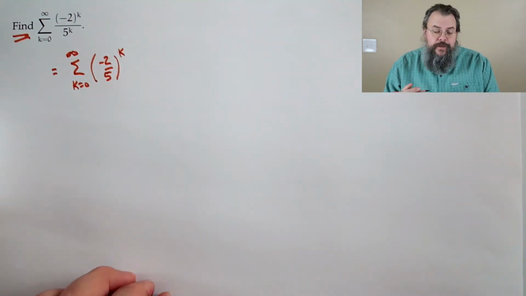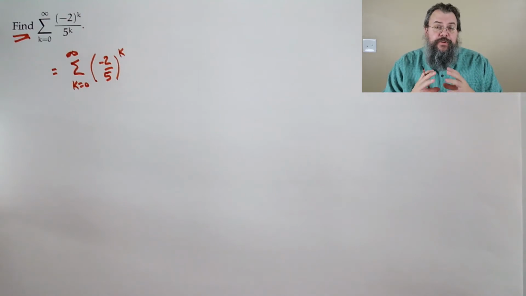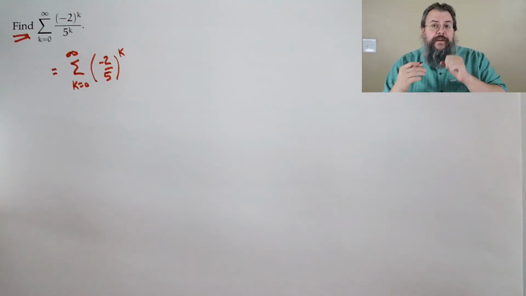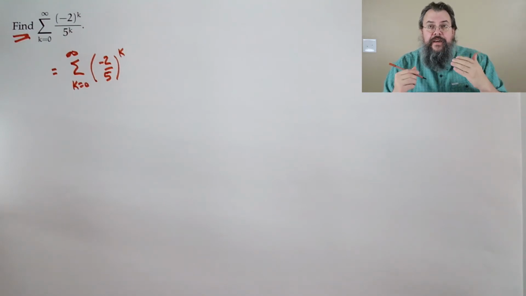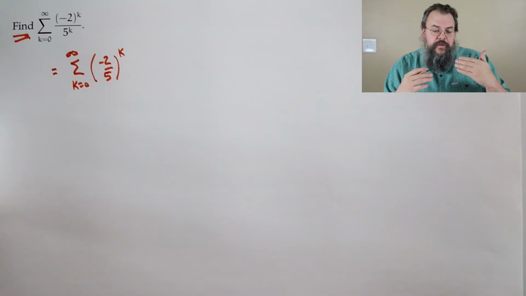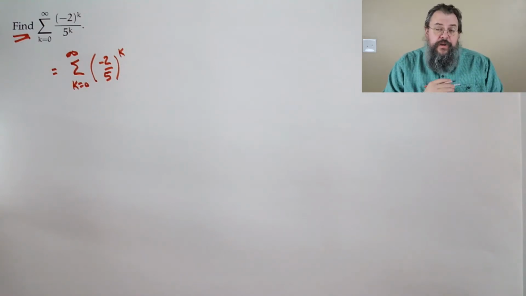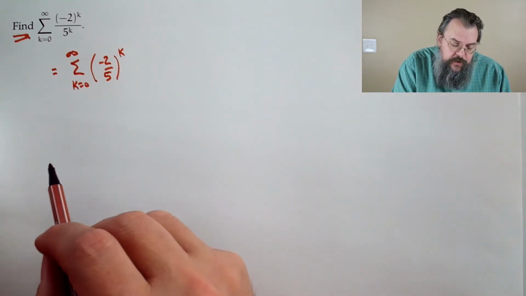Now we see it's definitely a geometric sum, because when you see a constant to the power k, where k is your index, and that's it, that just says you're multiplying at every stage by another term. Essentially, we keep multiplying by negative 2/5 to higher and higher powers. So it's of the right form. And so, what's the right way to do it?